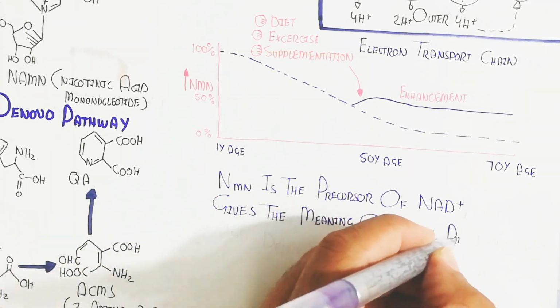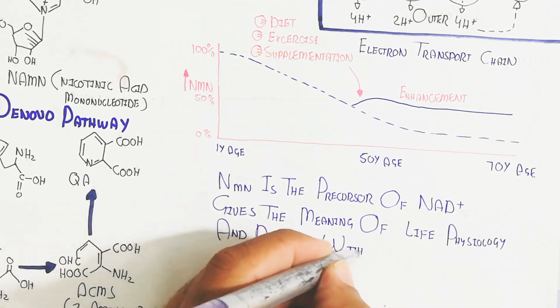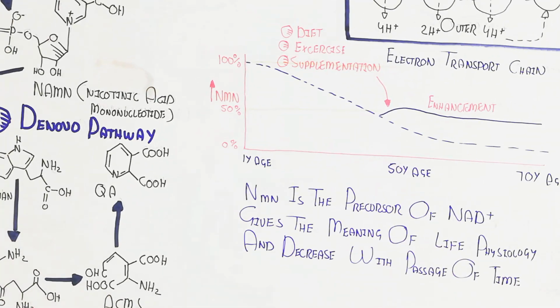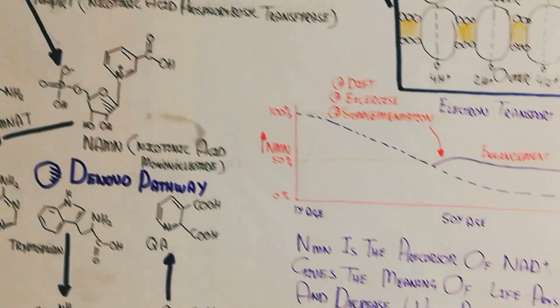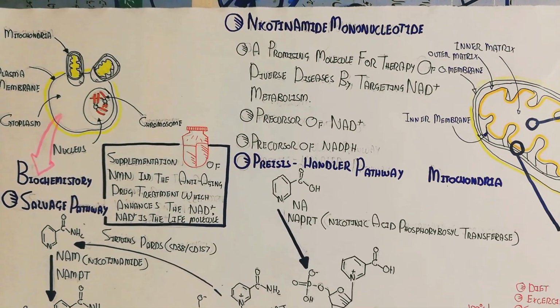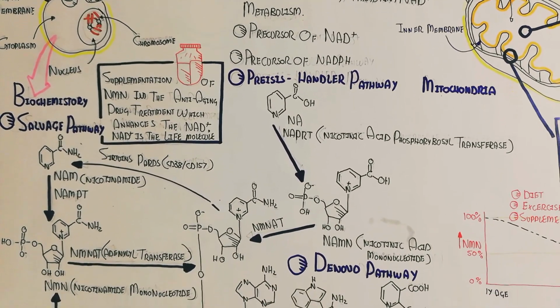In summary, it gives the meaning of life physiology and decreases with the passage of time. That decrease causes aging, and that is why NMN is an anti-aging molecule that will protect from disease.